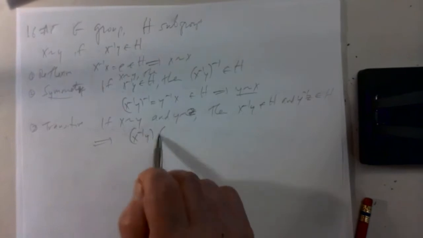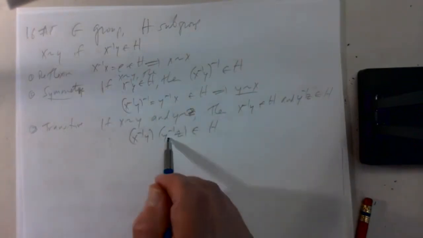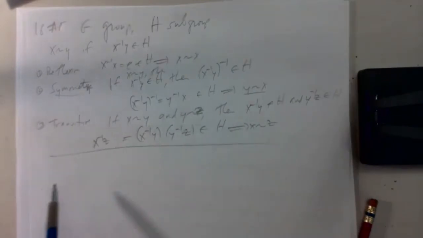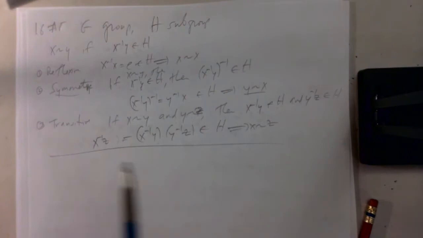X inverse Y times Y inverse Z is also in H. The Y and Y inverse cancel, so X inverse Z is in H. So X is related to Z. This proves that we have an equivalence relation: reflexive, symmetric, and transitive.